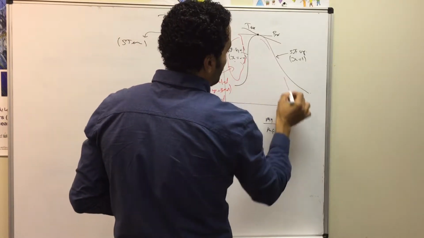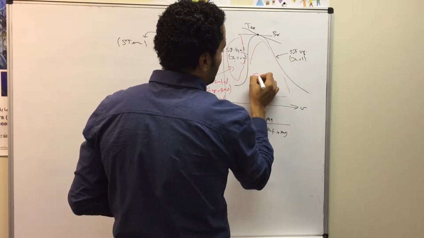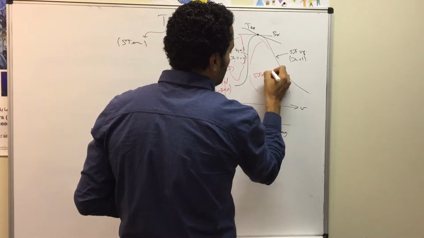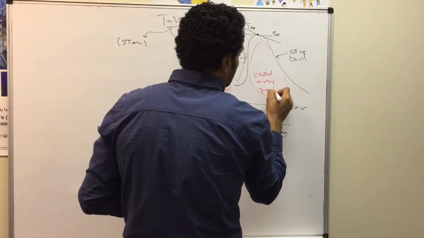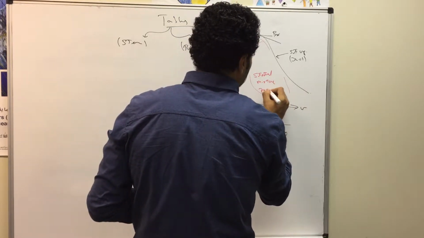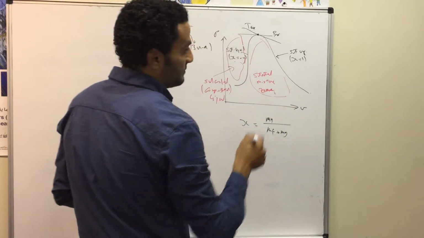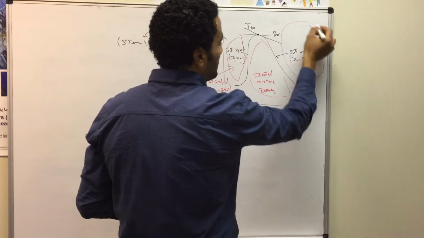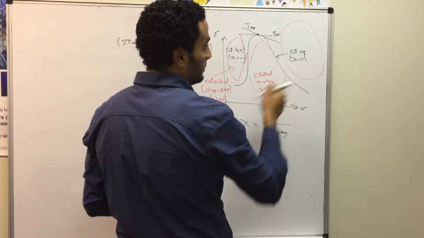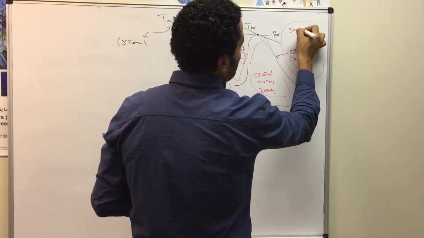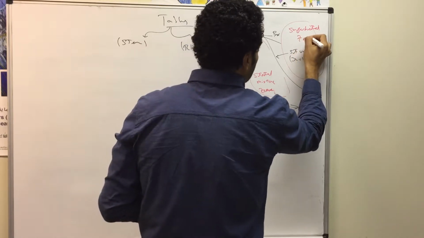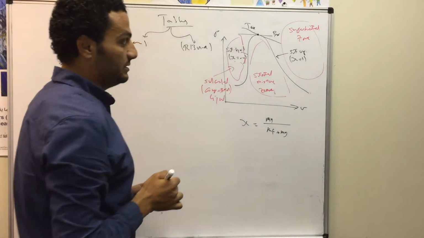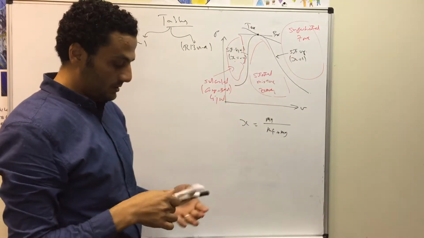In the zone between the two lines, the state is a saturated mixture of liquid plus vapor. To the right-hand side of the saturated vapor line, the state of the substance is superheated, so this is called the superheated zone.